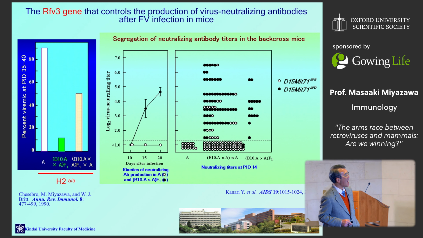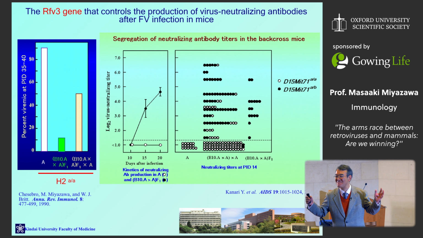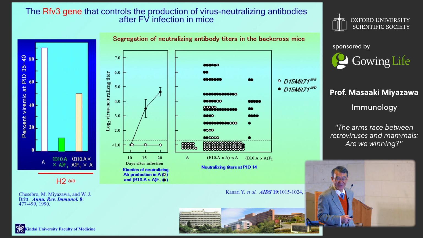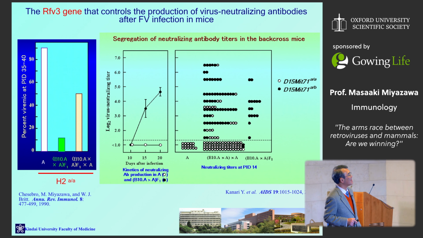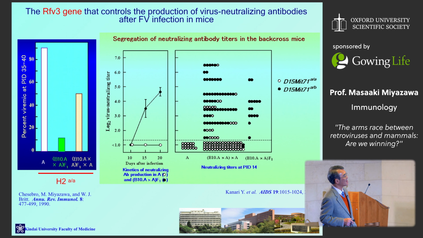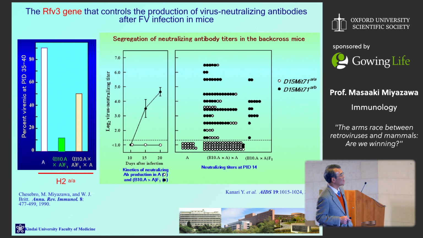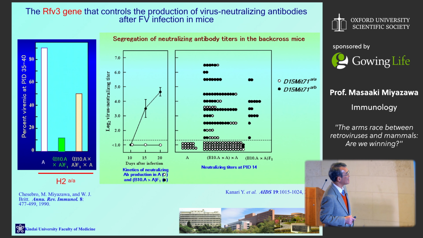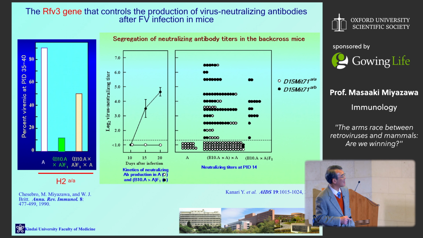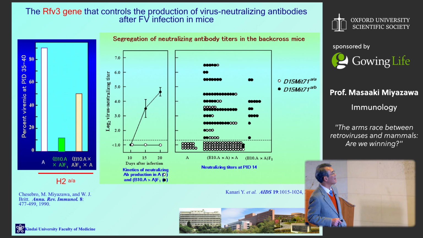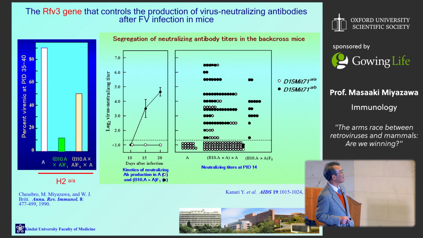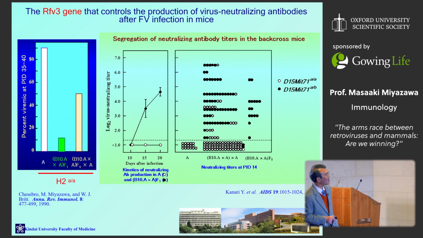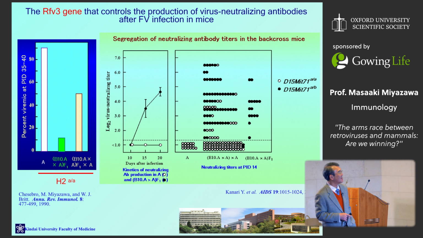So we back-cross. This is a very, very classic Mendelian genetics, okay? You know that? This is the recessive strain A that cannot produce neutralizing antibodies. Since the production of neutralizing antibody is a dominant trait, F1 mice, the producer strain and non-producer strain F1, can produce neutralizing antibodies. And finally, back-cross them to non-producer strain.